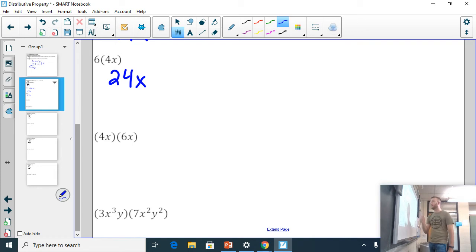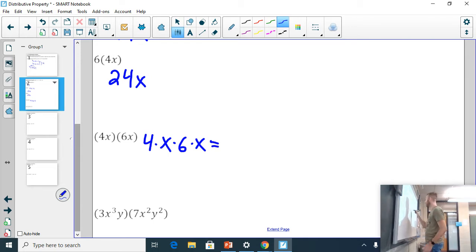And now we have 4x times 6x. And now this is where it might be helpful to think that you can multiply in any order. So if we have 4 times x times 6 times x, when I see something like these two terms multiplied together, I always just like to do the numbers first, right?